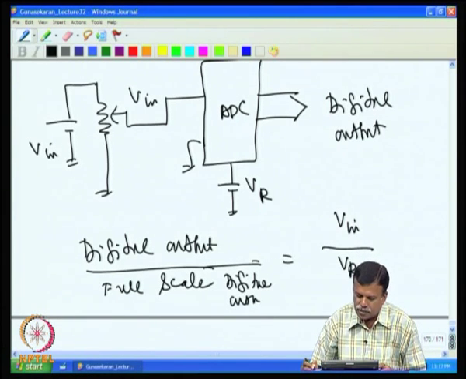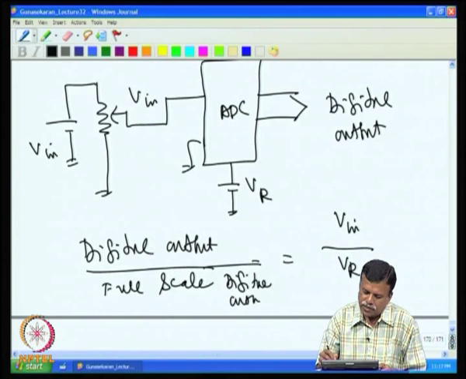That means, in the actual case when VR changes with temperature, since this is already fixed, we will get the digital output changing, even though V input is not changing.